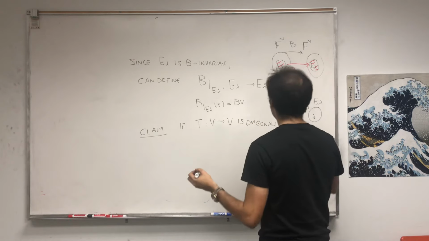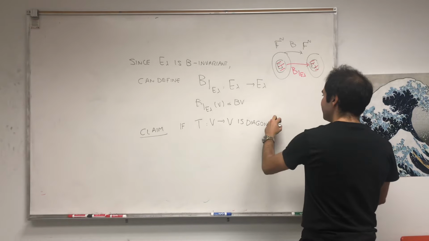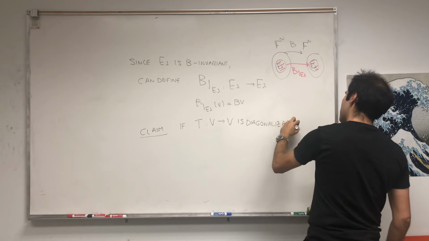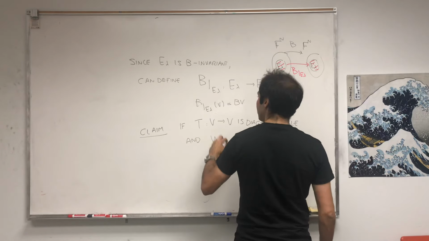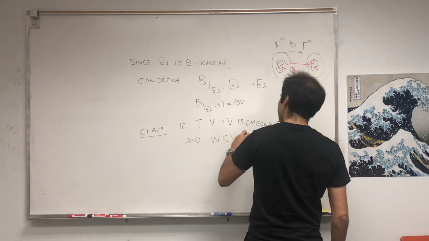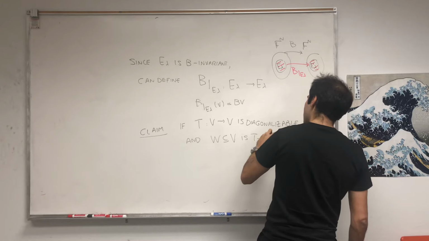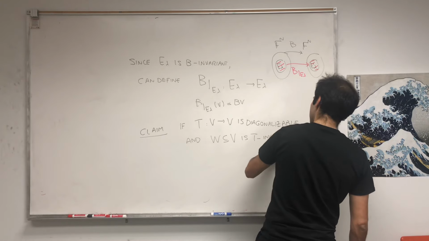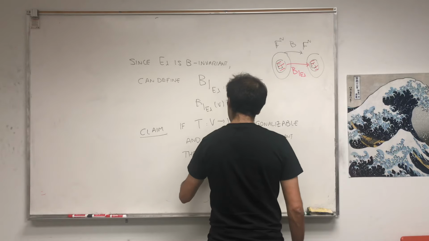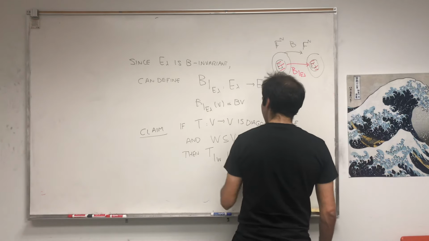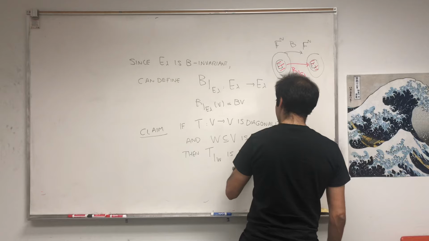I'll state it for linear transformations because it's a bit easier to state in that case. And W, a subspace, is T invariant. Then T restricted to W is also diagonalizable.